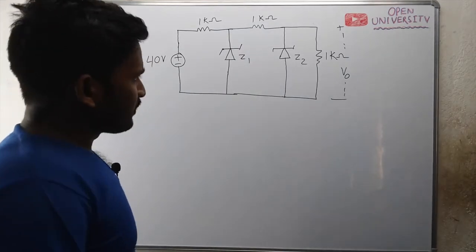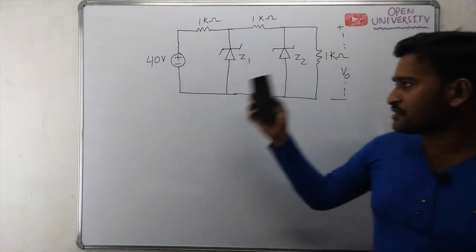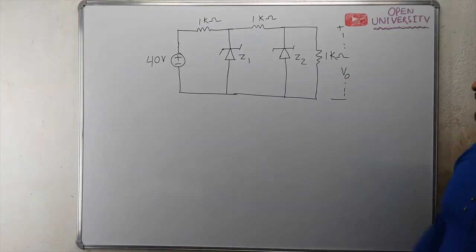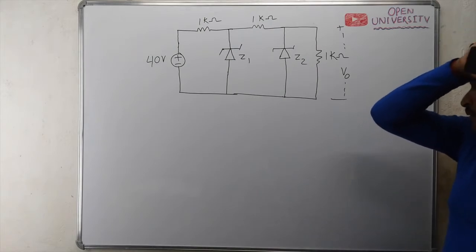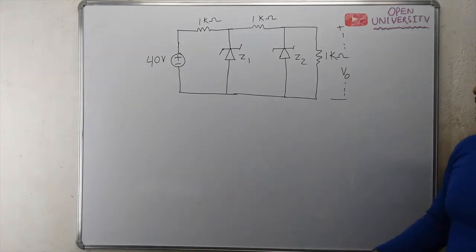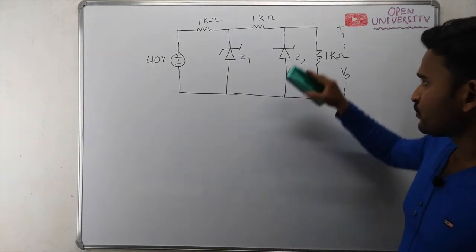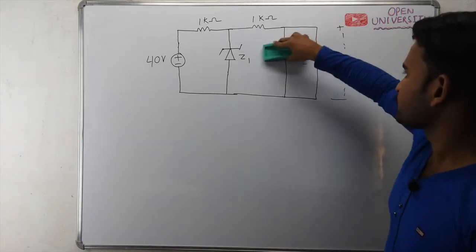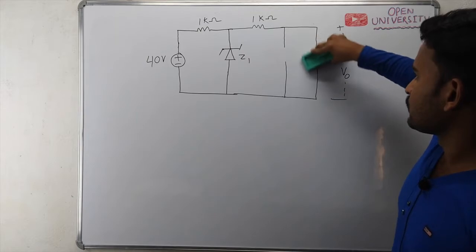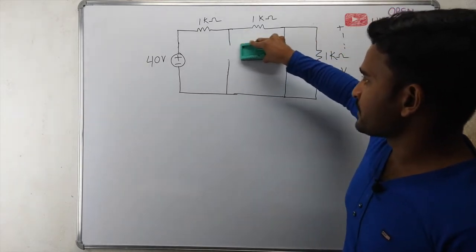So whenever it is asked to find out what is the output voltage in such circuits having Zener diode, you need to first check out whether the Zener diodes are in breakdown or not. Okay, and to find out whether the Zener diodes are in breakdown or not, you first open circuit the Zener diodes, make them open circuited and calculate the voltage across each diode.